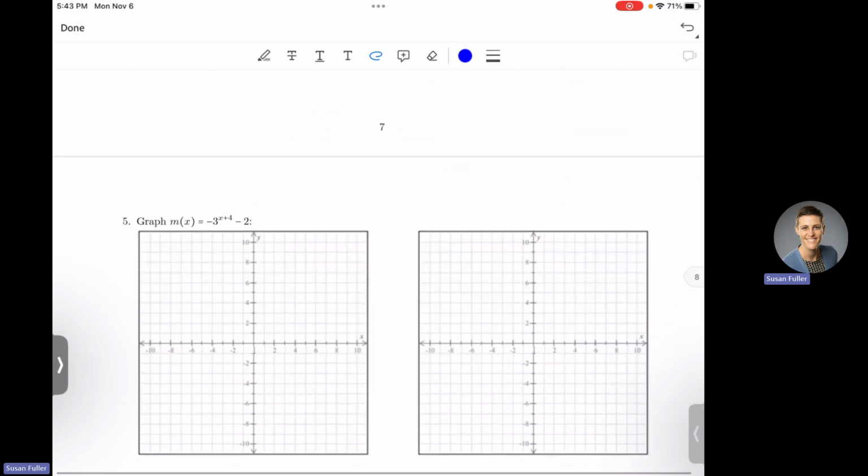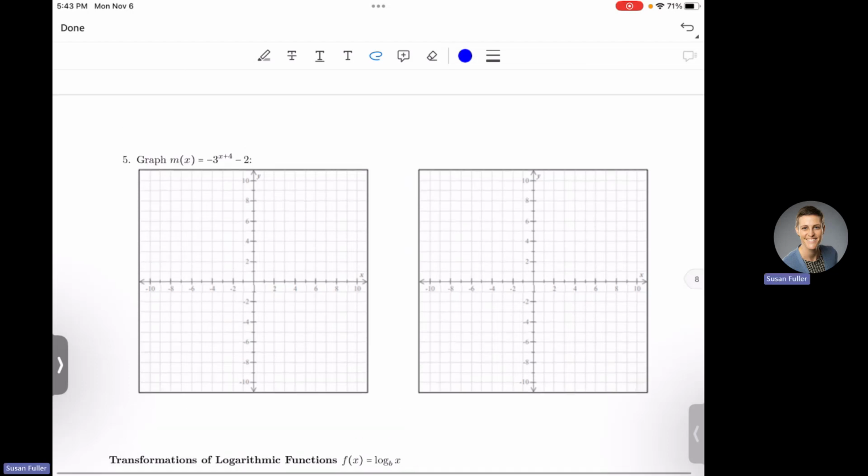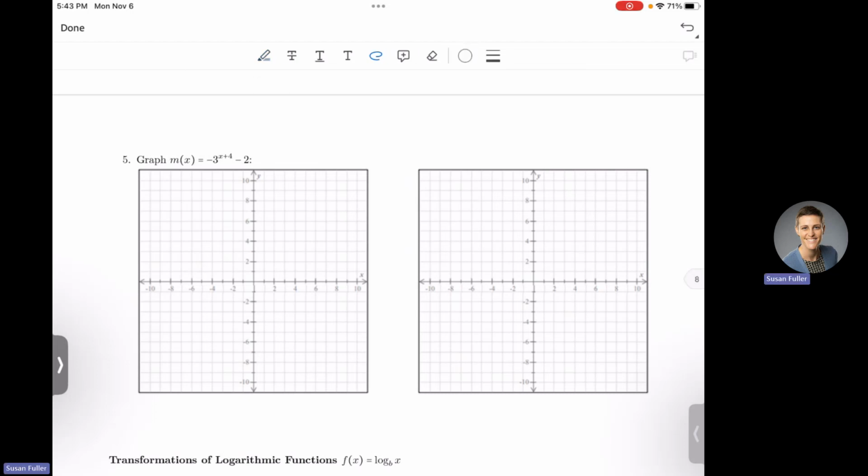All right, so the last one that we're going to do here with the exponential transformations is actually perform one of these things. I want to graph m of x equals negative 3 to the x plus 4 minus 2. Okay, so I'm going to first figure out what my base function would be.